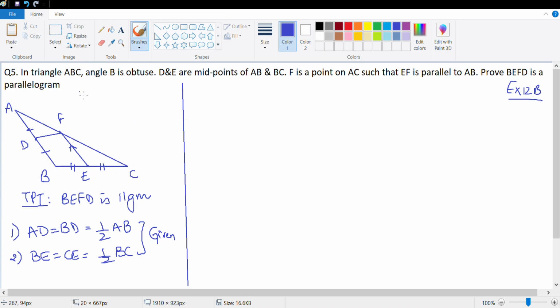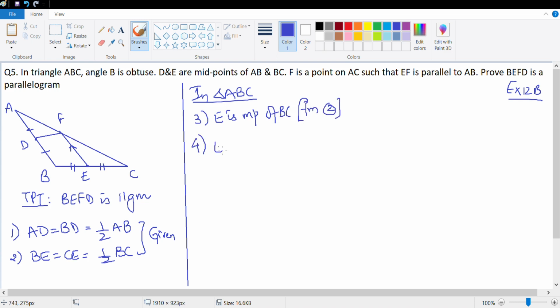Let's see. So in triangle ABC, I can see I have a midpoint and I can see a parallel line. So in triangle ABC, number 3 would be E is midpoint of BC. This is from 2. And number 4 is EF is parallel to AB.